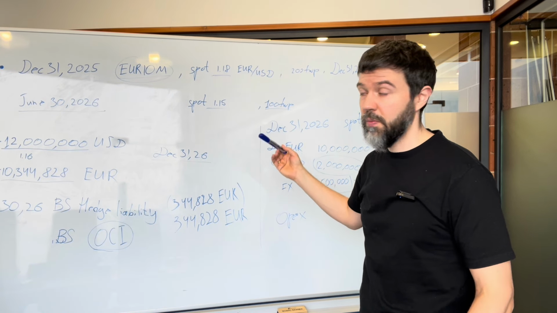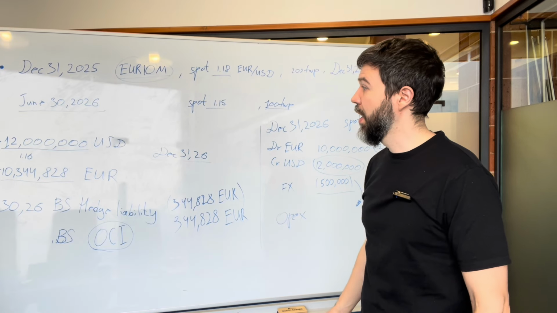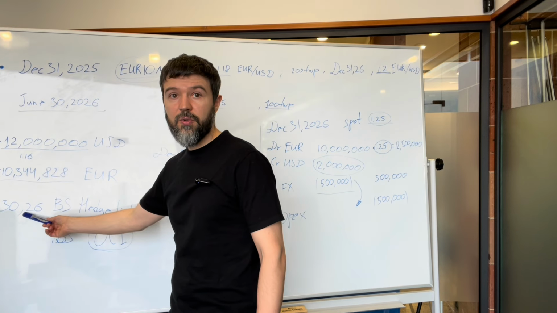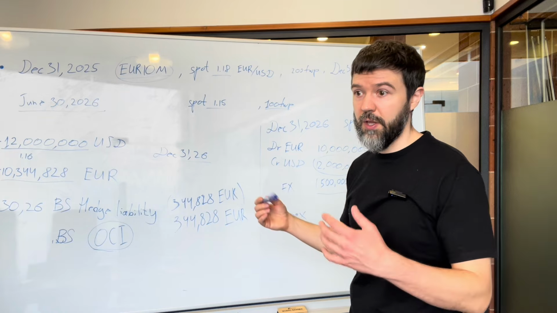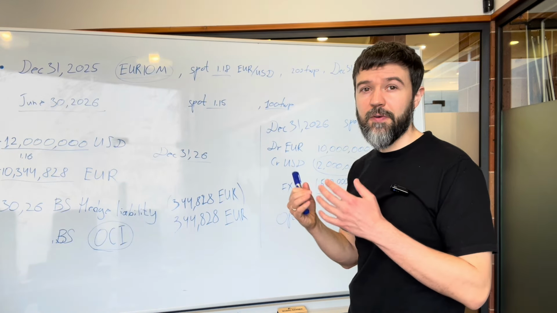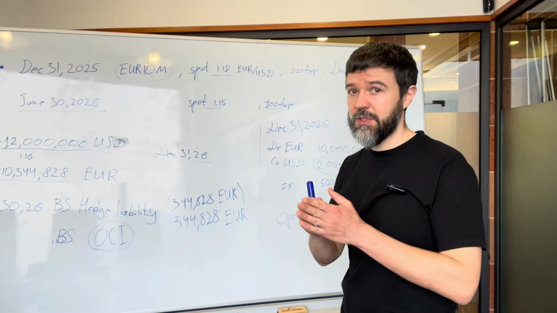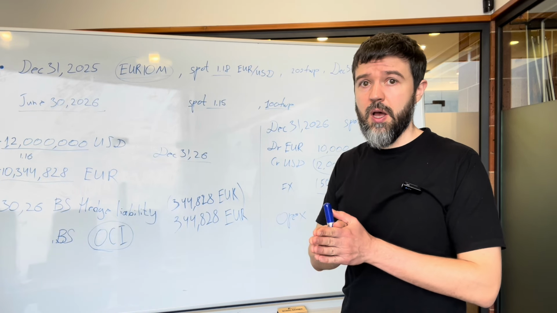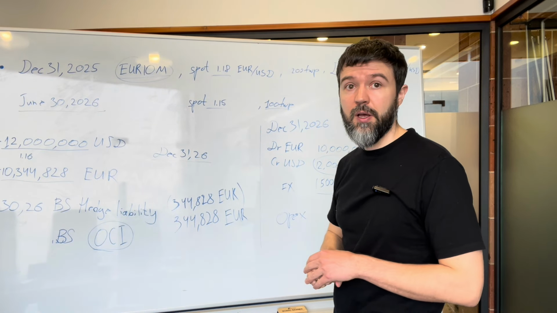Period 0, when you're buying it, nothing happens in your reporting and in your accounting. Interim period, your interim reporting date, you have to value your contract. What is the value? I prefer to look at this as what amount of money I'm receiving or paying if I want to close, to wind down my contract at the interim date.